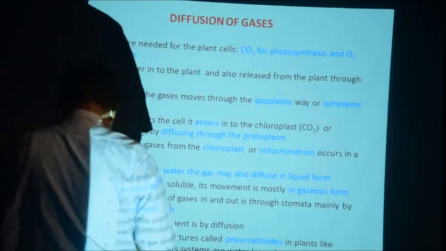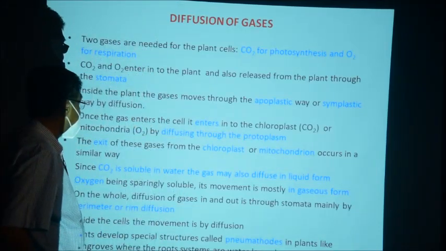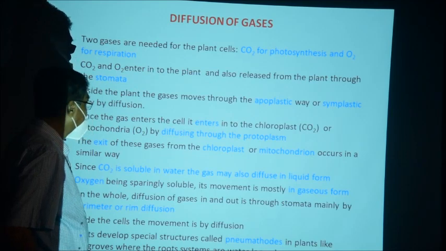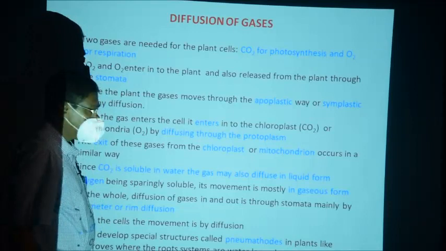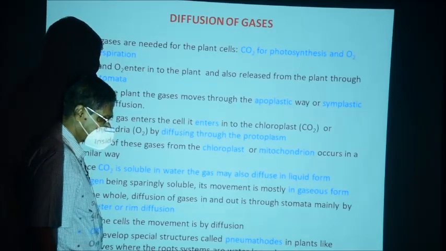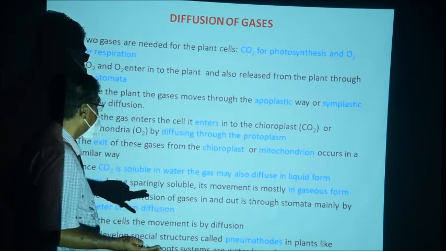Another thing that we need to discuss is diffusion of gases, that is there in your course. Now what are the gases involved in plants? One is carbon dioxide and the other is oxygen.